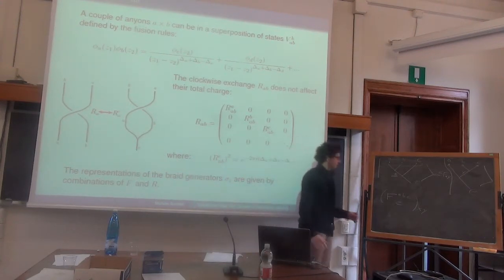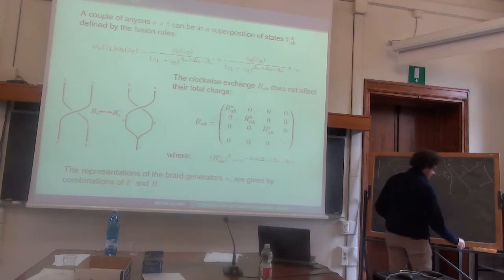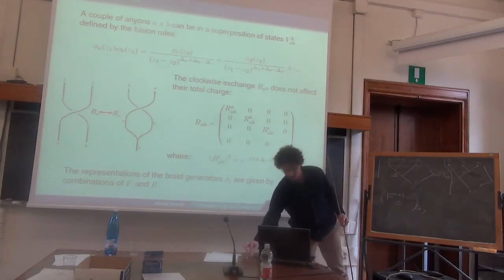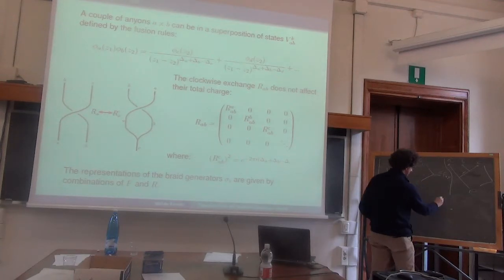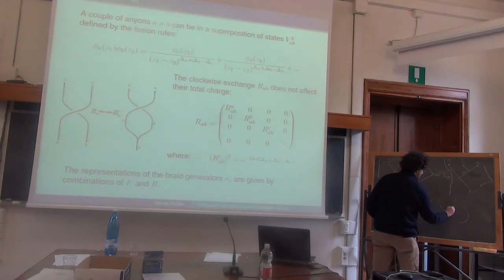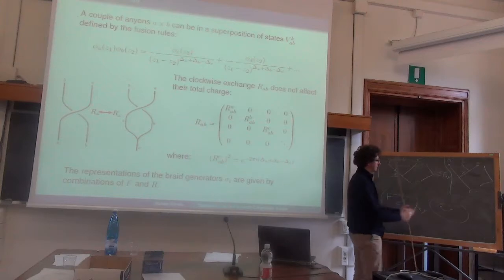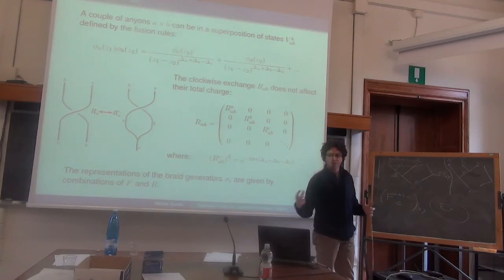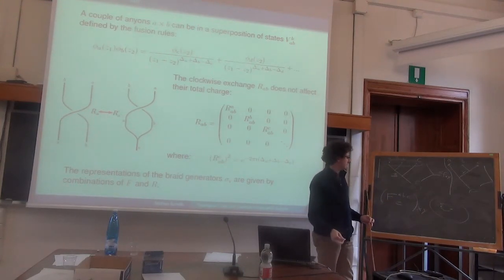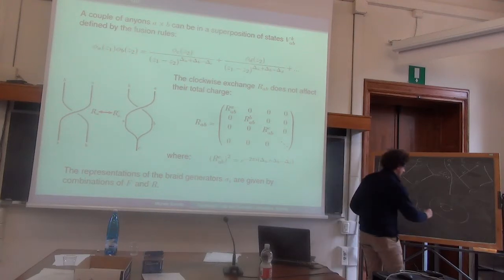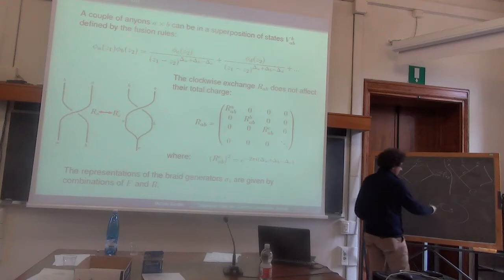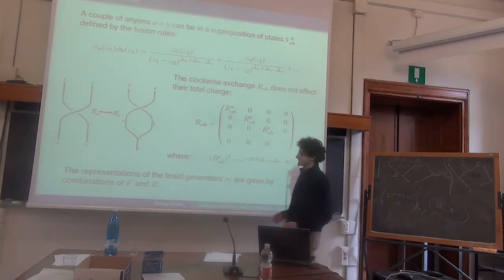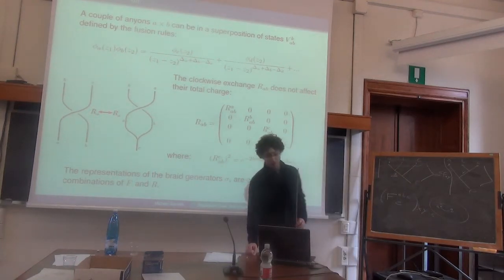This is because the braiding is something that affects the inner structure of a system. So if I change the position of these two, I am applying something that from far away I do not really distinguish. And so if the total charge of this system is C, it must be C before and after the braiding process.